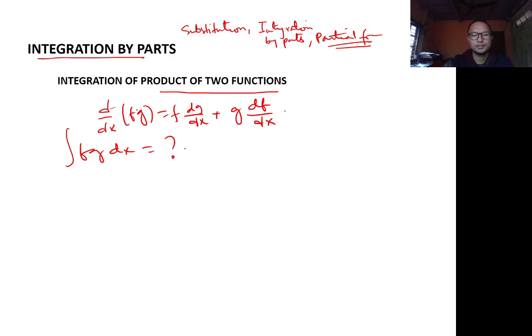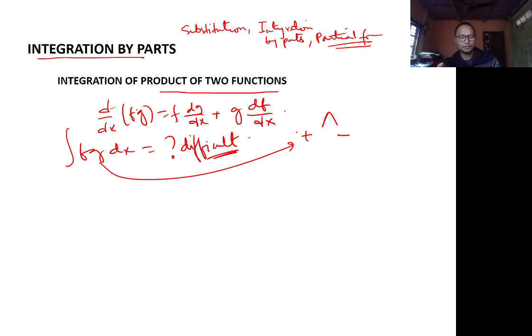It is a difficult way. Always we have a sum or product of functions, right? We express the question as a sum or difference of functions. Now for the integration of the product of two different functions, integration by parts is the way.